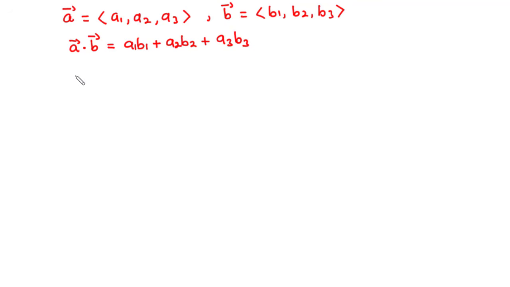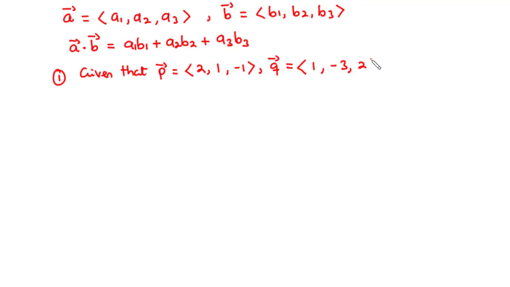So let's take some examples. Given that vector P has components 2, 1, -1, vector Q has components 1, -3, 2, and vector R also has components 5, 0, 2.